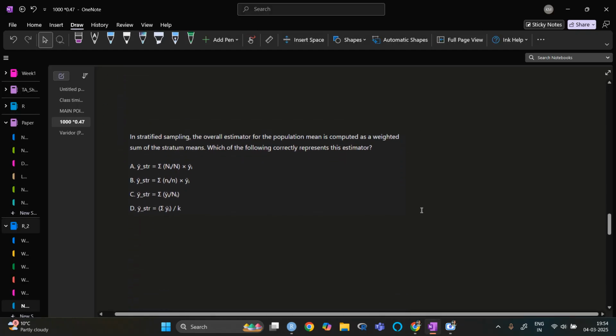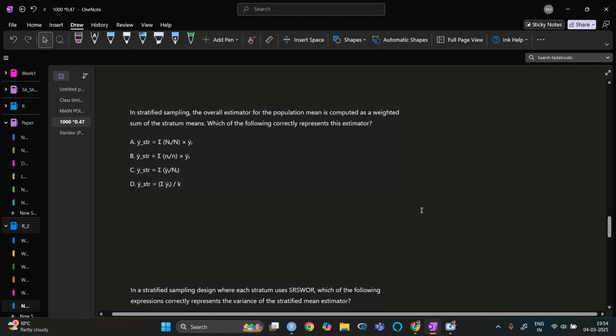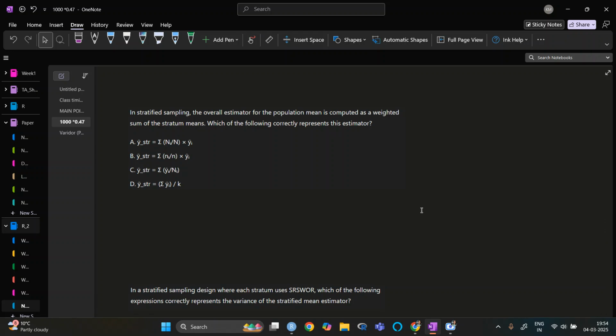The next question is: in stratified sampling, the overall estimator for the population mean is computed as a weighted sum of stratum means. Which of the following correctly represents this estimator?